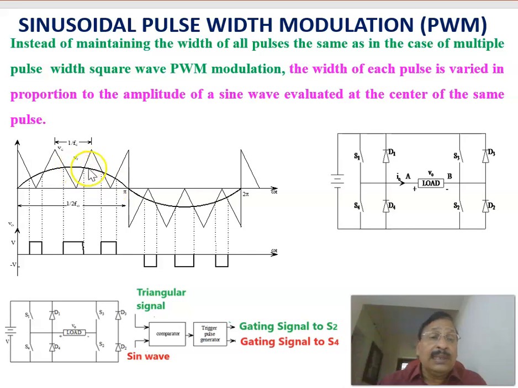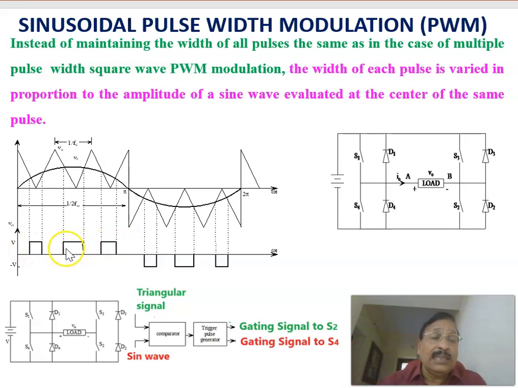During this period, the magnitude of the low frequency sinusoidal modulating voltage is more than the carrier signal, so S2 is again closed, and you again get a positive voltage. The same thing happens again.